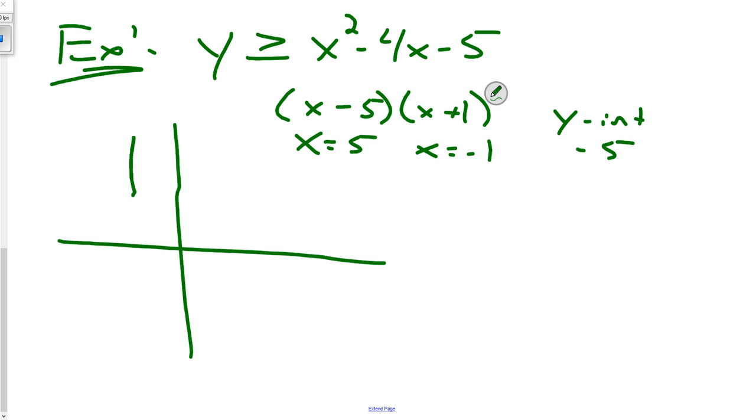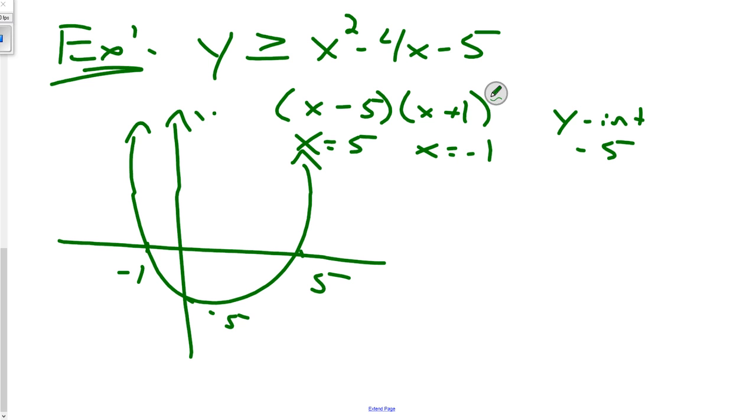Questions are good, because when people aren't asking anything and just staring at me blankly, that's when I know we're in trouble. Look at that. Boom. Don't forget my axes. Labeled all nicely.